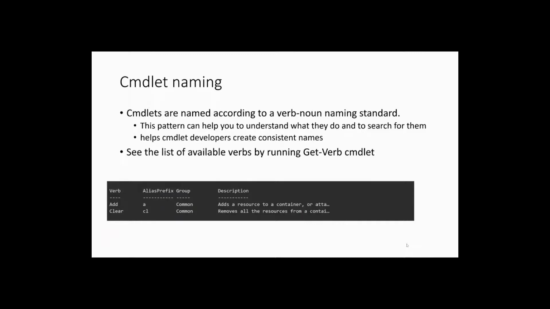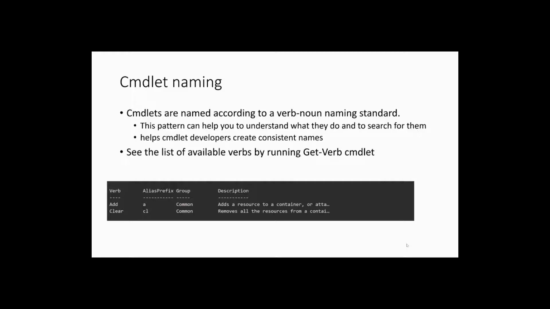So a commandlet follows a very specific naming convention, and this is important to understand. The naming convention is a verb-noun naming standard. This pattern helps us understand what they do and how to search for them in terms of our commandlets. It also helps commandlet developers create consistent names. So first we're going to take a look at the verb.